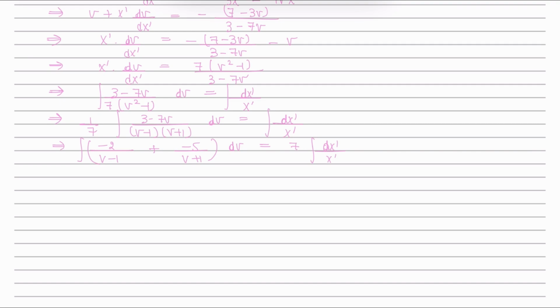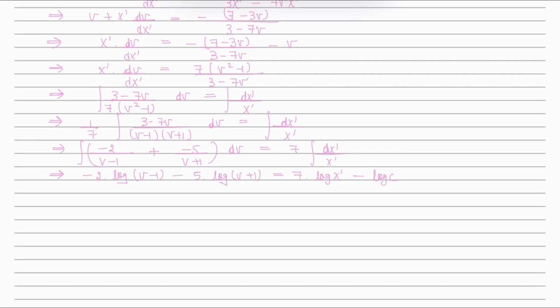After integrating, the simplified version of this equation can be written as log c equals 2 log(v minus 1) plus 5 log(v plus 1) plus 7 log x'.